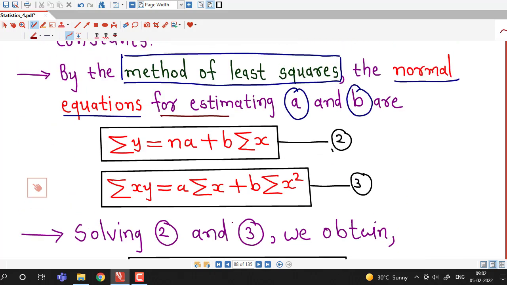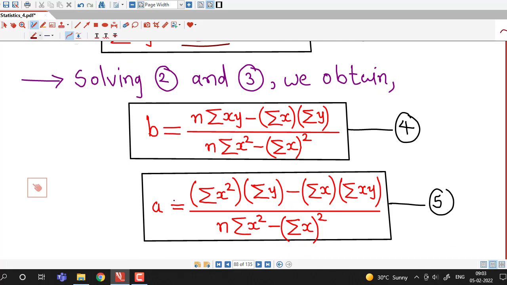If you don't want to remember this, you can find the solution of these two equations as I explained. First we can multiply equation 1 by sigma x, equation 2 by n, and then we can take the difference of equations 2 and 3 and we will obtain the value of b. a will be eliminated. Similarly, we can obtain the value of a. So solving normal equations, we are able to obtain values of a and b.